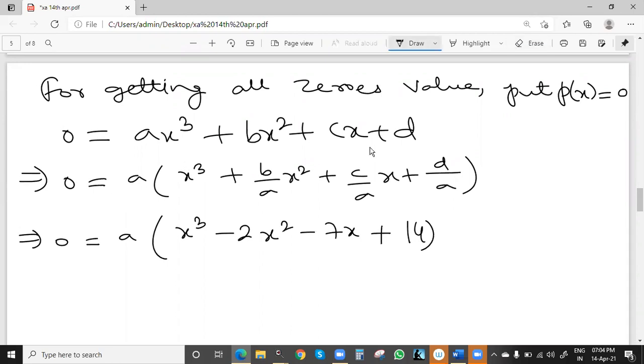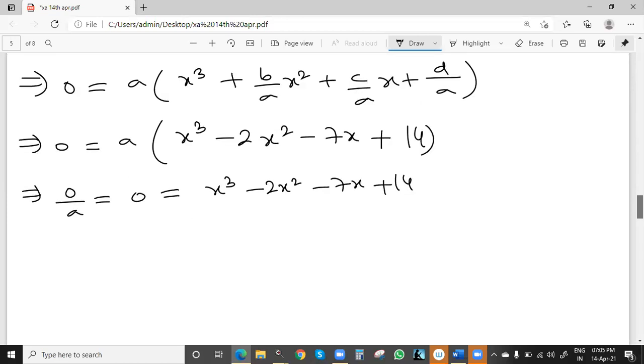So now 0 by a is basically 0, and then this will be equal to x cube minus 2x square minus 7x plus 14. This is one equation. So hence we can say x cube minus 2x square minus 7x minus 14 equal to 0.